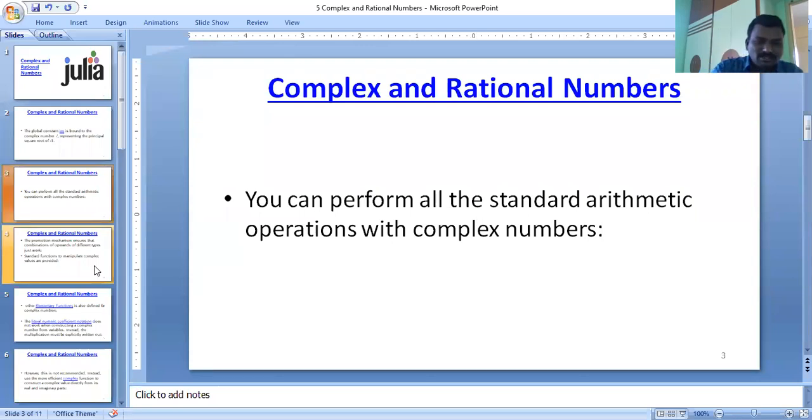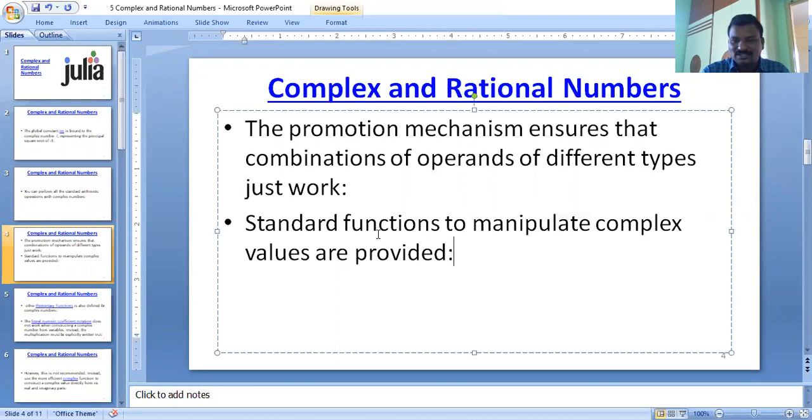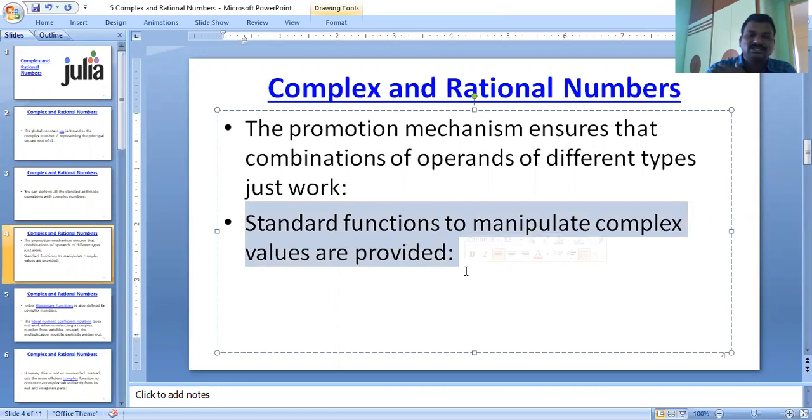Another important concept here is that you have standard functions to manipulate the complex values. Some of the real functions: one is the real function, which displays the real value.